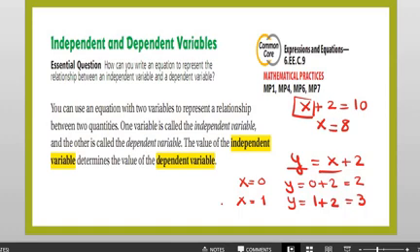Okay? The independent variable is not controlled by anything, but the dependent variable is controlled. Okay?